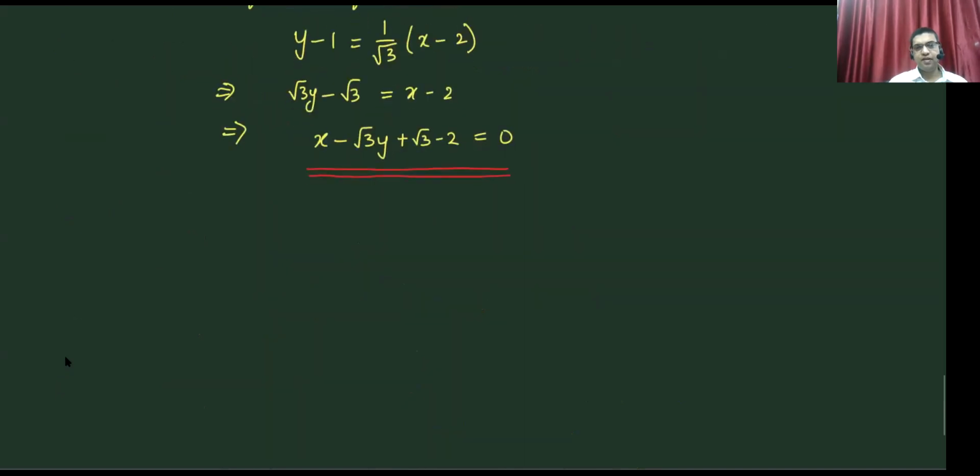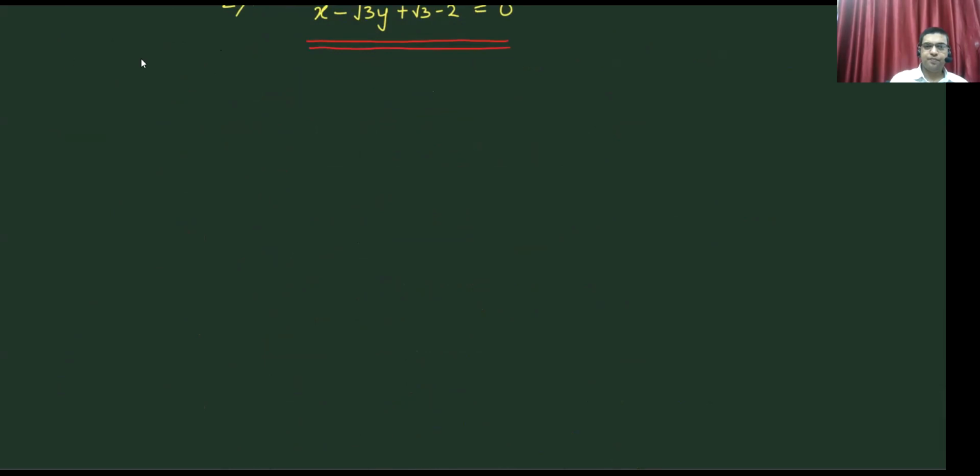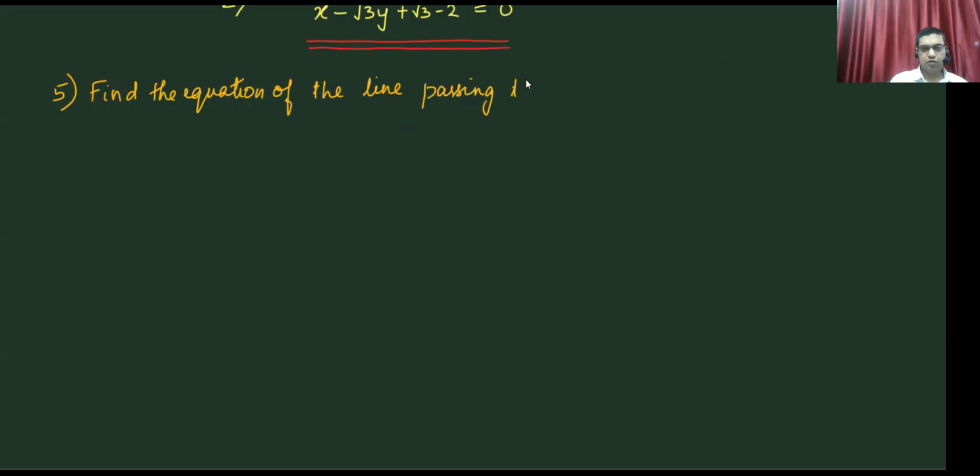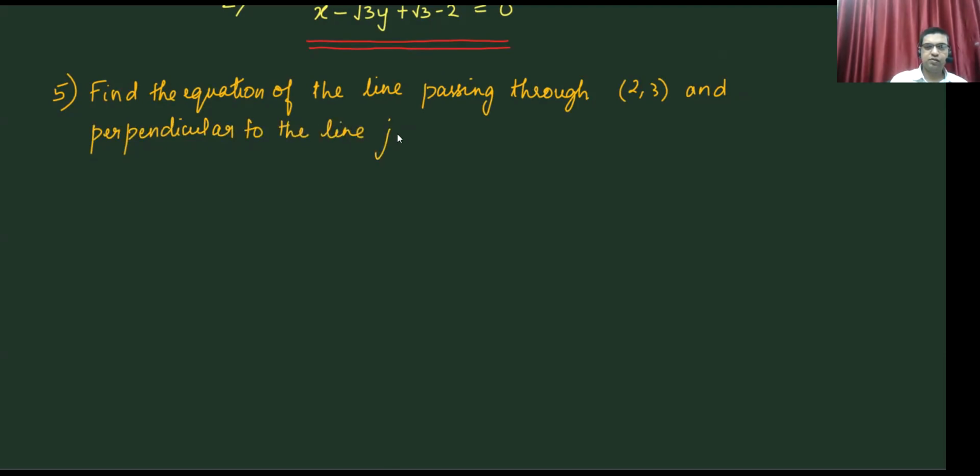Next, find the equation of the line passing through (2, 3) and perpendicular to the line joining (minus 5, 6) and (minus 6, 5).